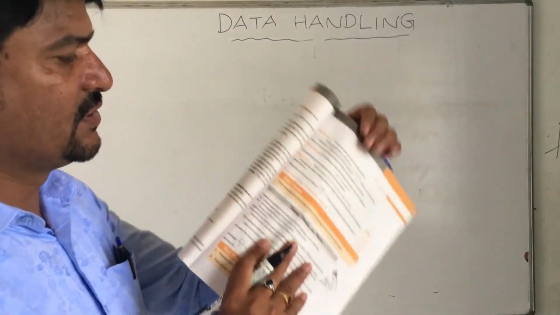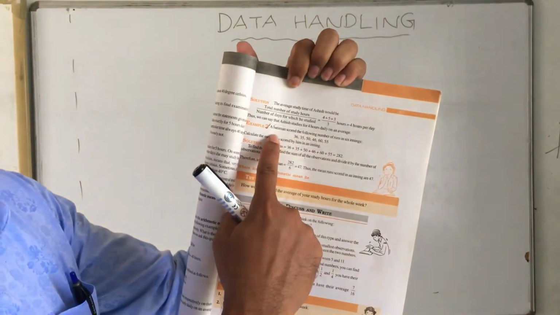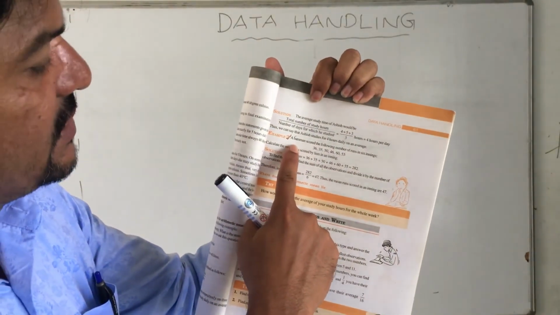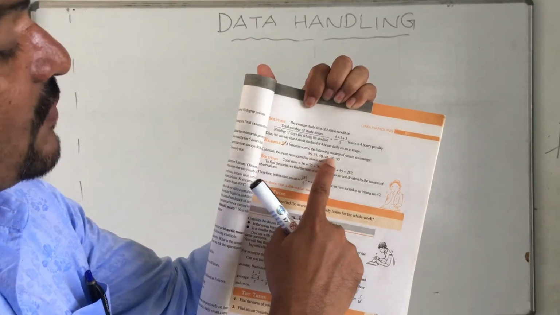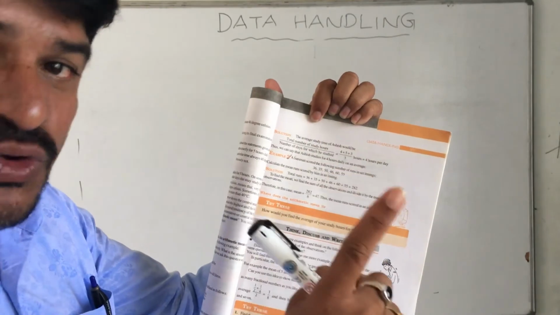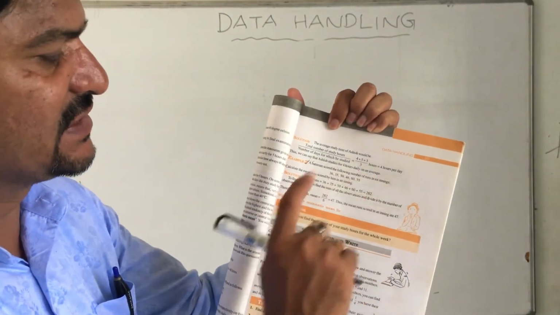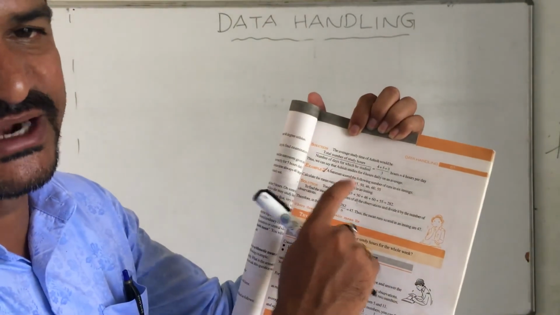Is it visible? I'll read the question. A batsman scored the following number of runs in 6 innings. One batsman has scored these 6 scores in 6 innings. What is the average of this batsman's score?